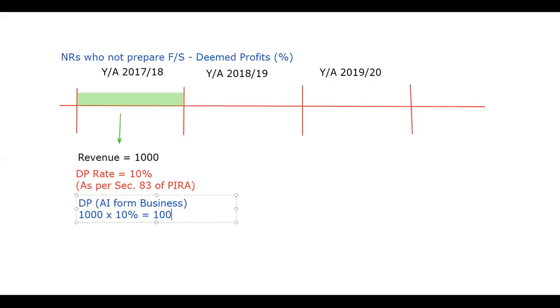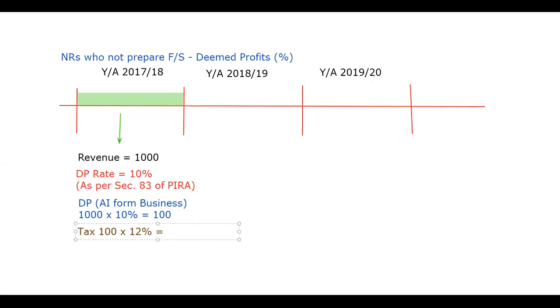Then what is the amount they need to pay as tax? The tax they are required to pay is 100 million into the applicable rate. For construction, the previous law had 12%.